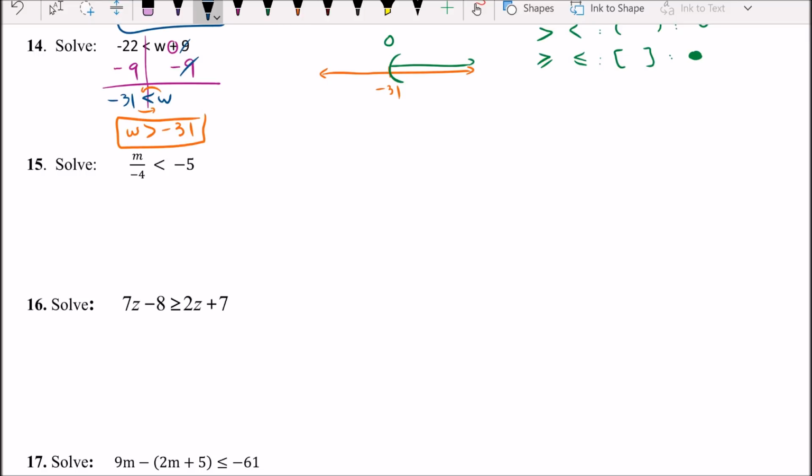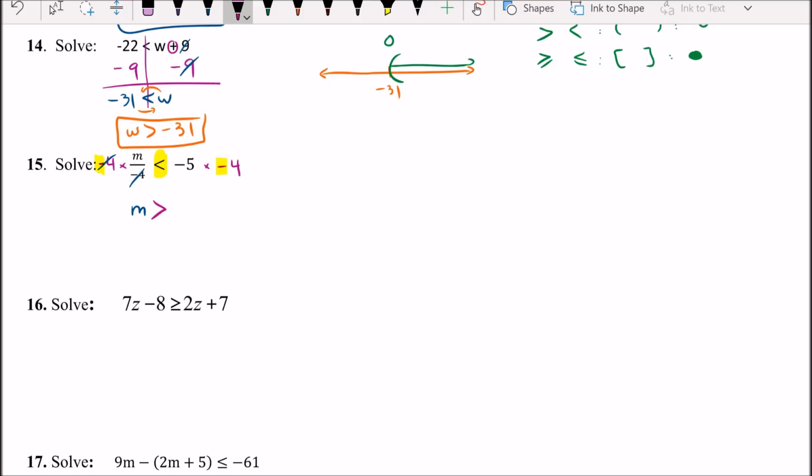To get m by itself, you're going to multiply by the denominator on both sides. Since it's negative 4, we multiply negative 4 on both sides to cancel out the denominator. So 4 and 4 cancel each other out. Negative and negative turn into positive. But whenever we multiply or divide by a negative number, you have to flip the inequality sign.